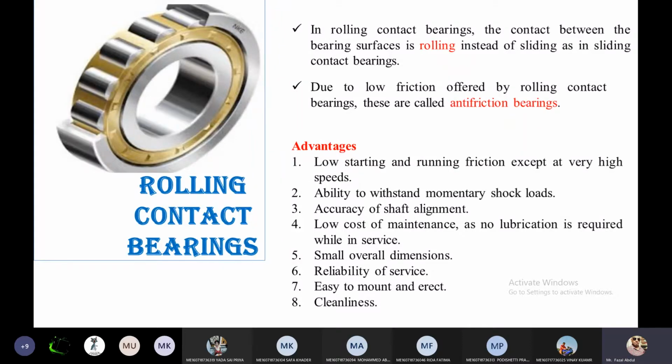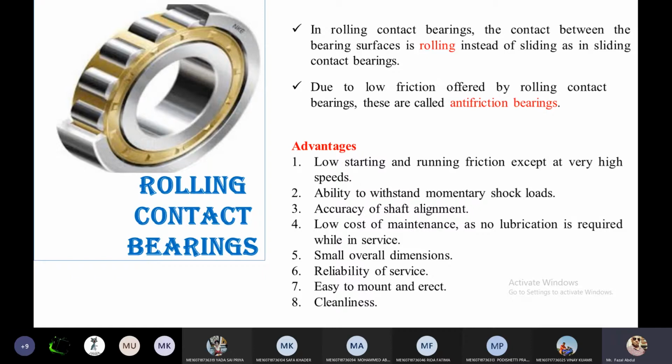Now what are the advantages if you compare with the sliding? Here, low starting and running friction except at very high speeds, and accuracy of the shaft alignment.